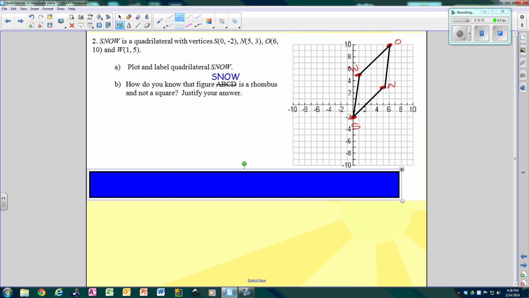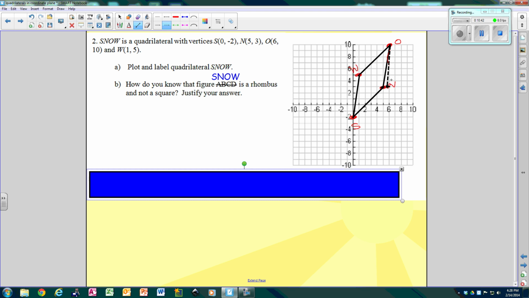So using our slope formula, let's drag this over a little bit. So drawing our little right triangle here.